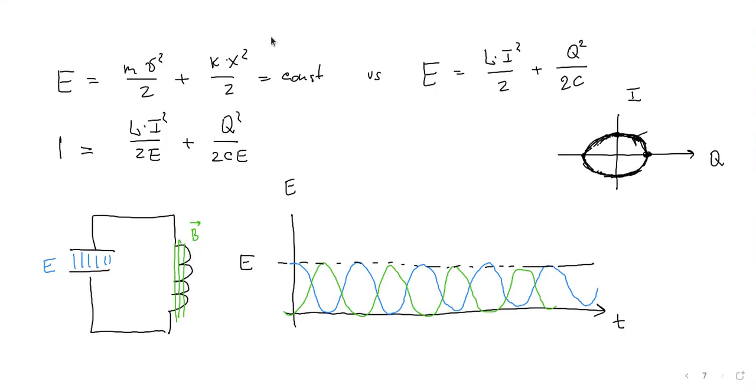So the blue one is the energy inside the electric field. We can say, okay, I'm not going to say this, but it's like electric field squared, epsilon naught, and then the volume inside the capacitor. And then you have energy inside the magnetic fields.